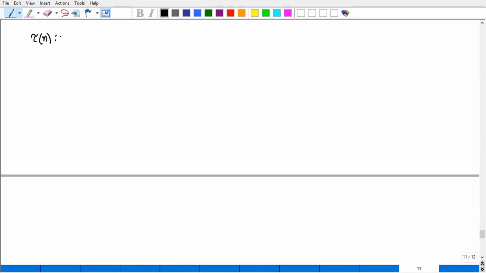So what is tau of n? The number of positive divisors of n is tau(n).